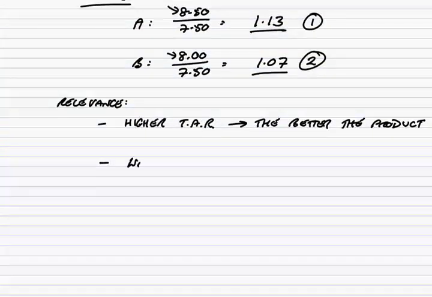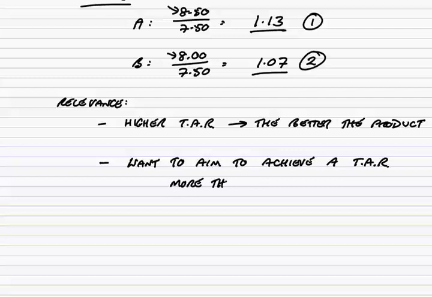So you'd want to aim to achieve a throughput accounting ratio of more than 1 for all products.